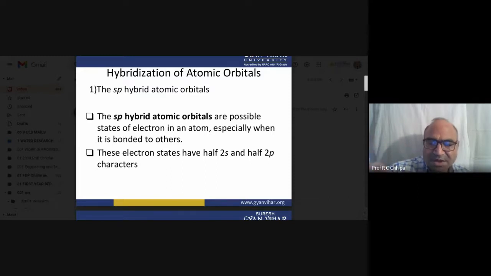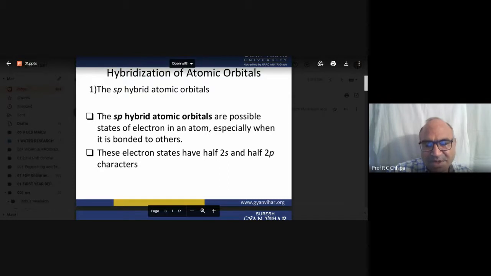So further, the remaining unhybridized atomic orbitals remain in the acetylene molecule, and they form a bond, that is, the pi bonds are there. So two pi bonds are formed by the collateral overlapping of the p atomic orbitals.